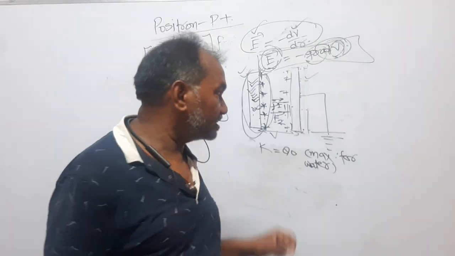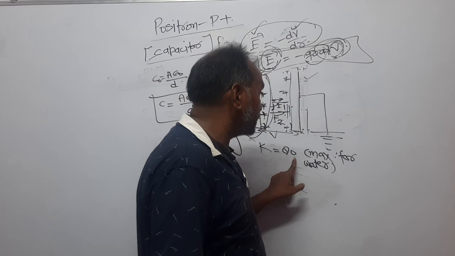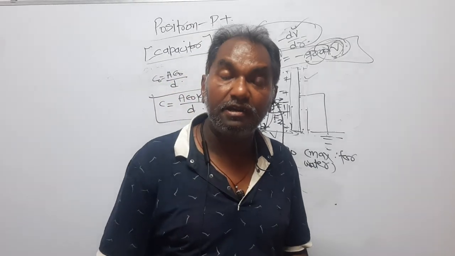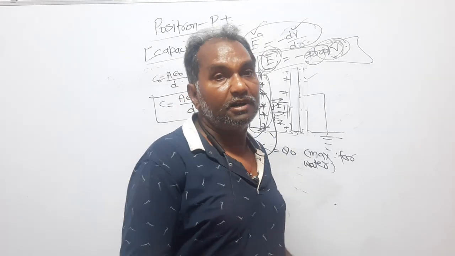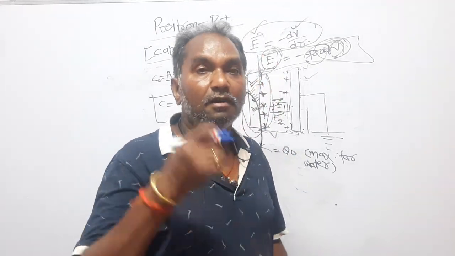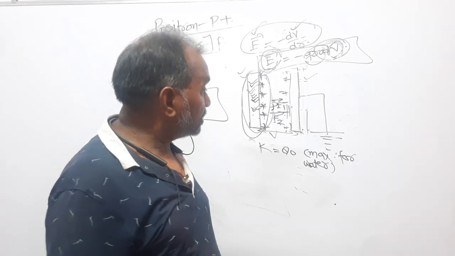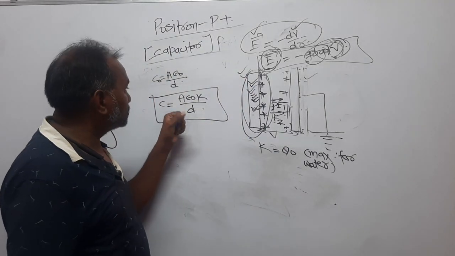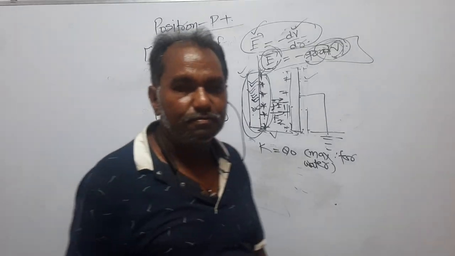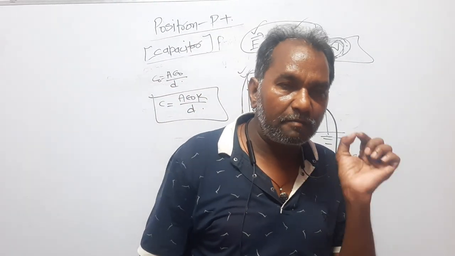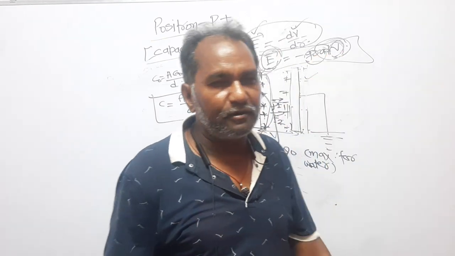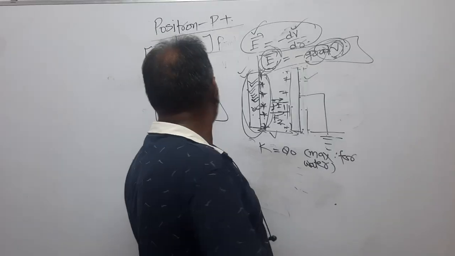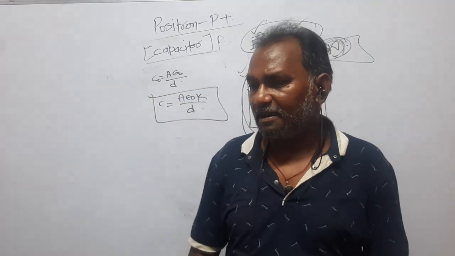The dielectric constant of water is maximum, that works out to be 80. It means water should be an insulator. Yes, pure water, I mean rainy water, is an insulator, right? So C is equal to epsilon naught K upon D, if a dielectric is completely filled in a parallel plate capacitor. This is the parallel plate capacitor.